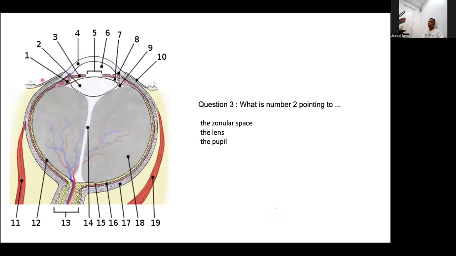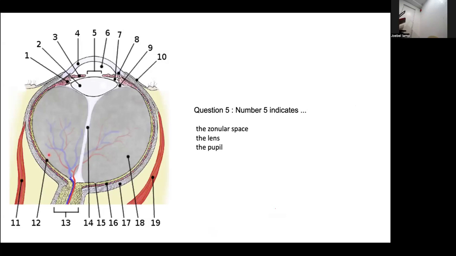Number 2. Lens. Yes. Retina. 12. Okay, this one. Number 5. The pupil. Okay, you should know this very well because Dr. Vivian De Hongpo is really into this.